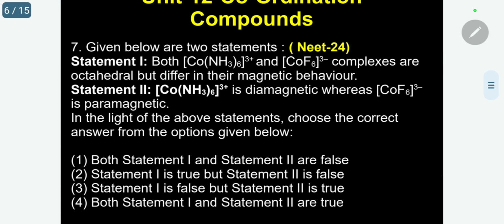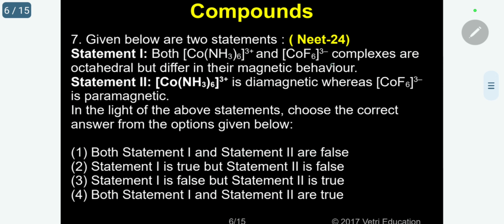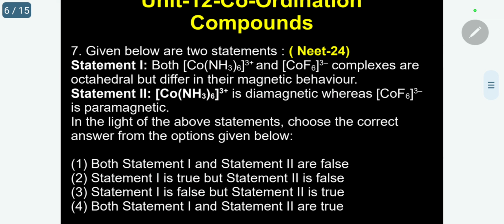Okay. Next question, number 7. This was asked in NEET 24. Given below are two statements. Statement 1: both Co(NH3)6 3+ and CoF6 3- complexes are octahedral, but they differ in their magnetic behavior.